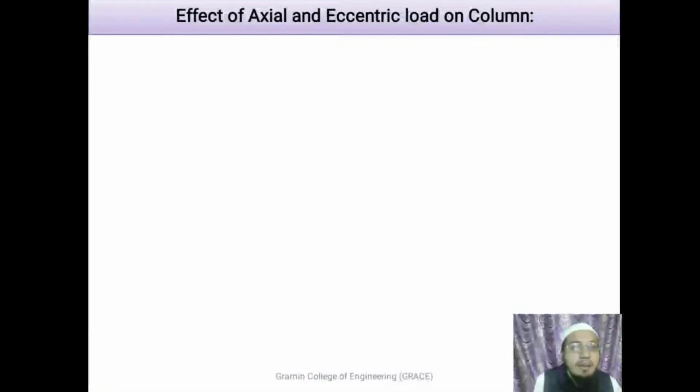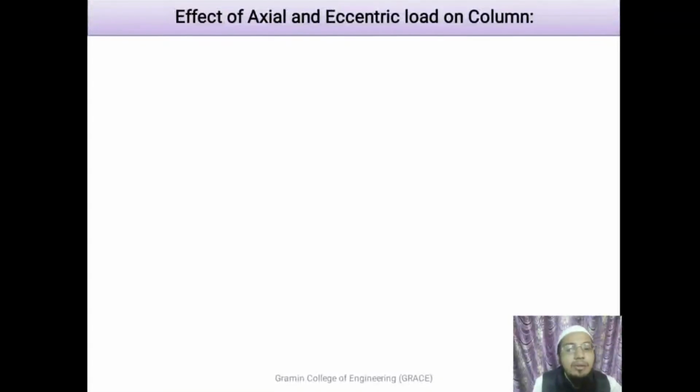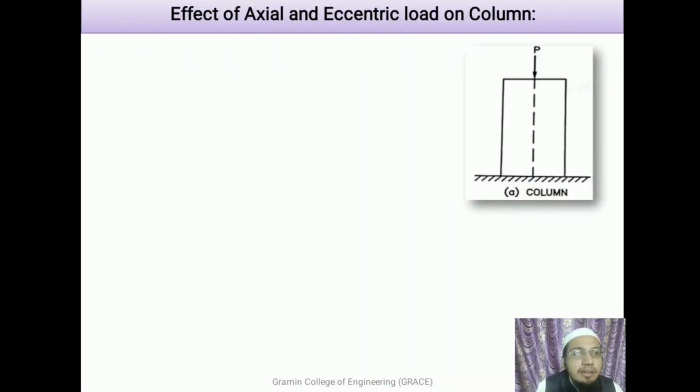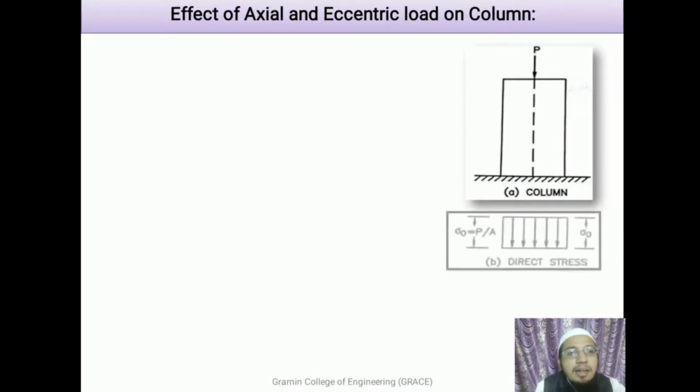Now, let us discuss the effects of axial and eccentric load on the column. As we have just discussed, if the column is subjected to only axial loading, that is along the axis of the column as shown in the figure, then it will be subjected to only direct stresses, and this will be equal to the total load on the column divided by the cross-sectional area, that is P by A. The stress diagram will be compressive as shown in the figure.